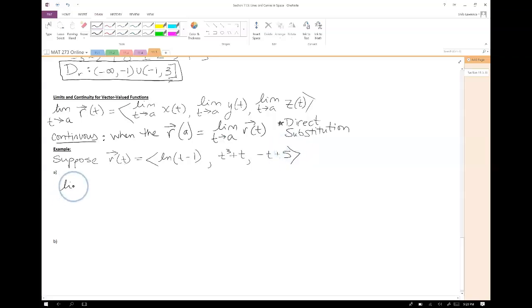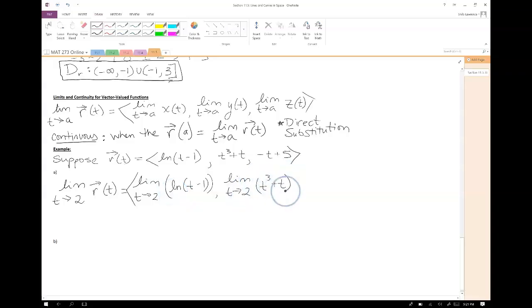We want to calculate the limit as t approaches 2 for this vector valued function, which really means we just need to calculate the limit as t approaches 2 for each of our component functions. And in Calculus 1, when we first start learning about limits, we always say that you should try direct substitution first. Just try to plug 2 in to your functions and see if you get any issues.